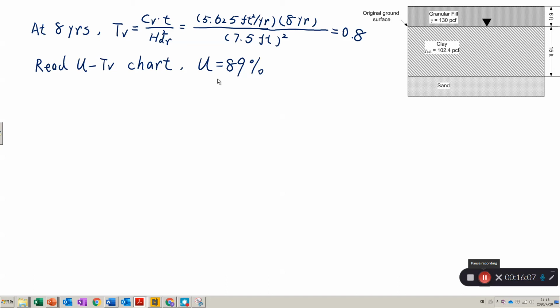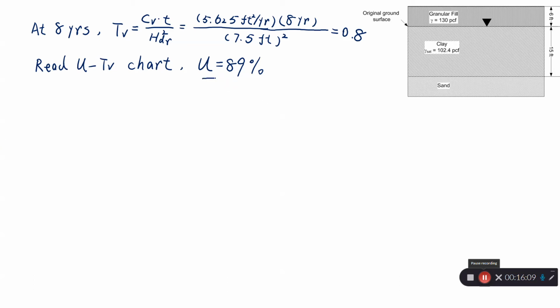Okay, and then part C asks: what is the effective stress at 3 years at Z equals 5 feet? So what is Z? It's 5 feet.